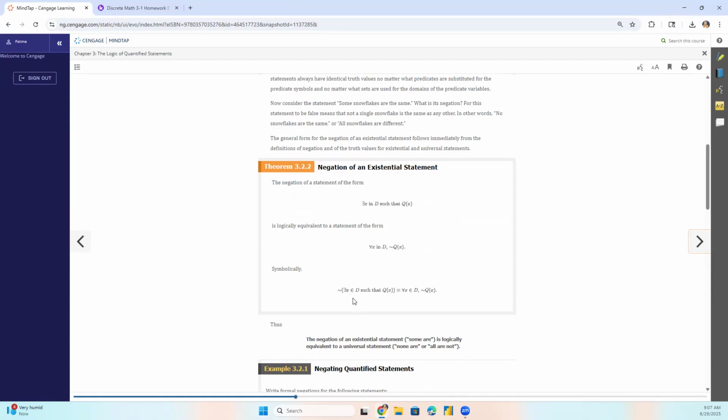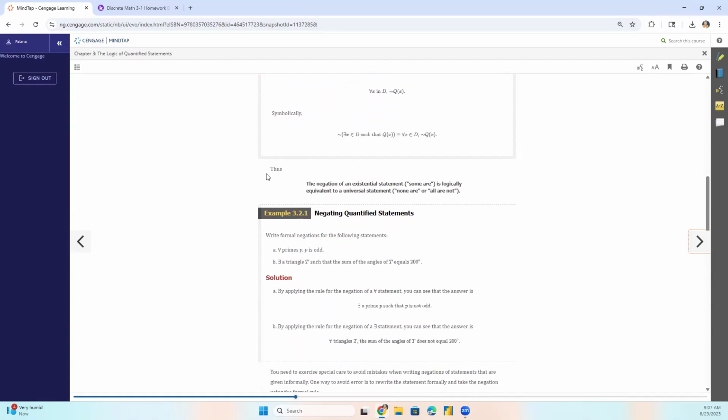Symbolically, the E changes to the upside down A, and Q of x changes to not Q of x. Therefore, the negation of an existential statement, "some," is logically equivalent to "none" or "all are not."